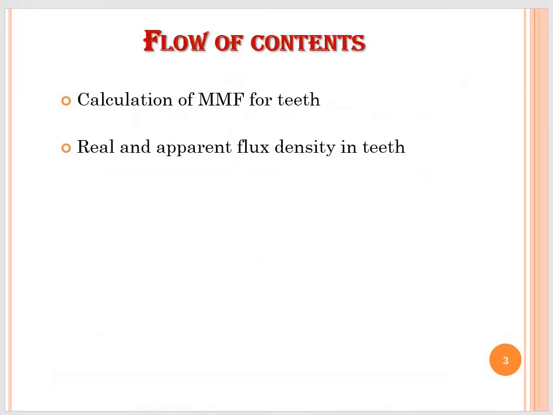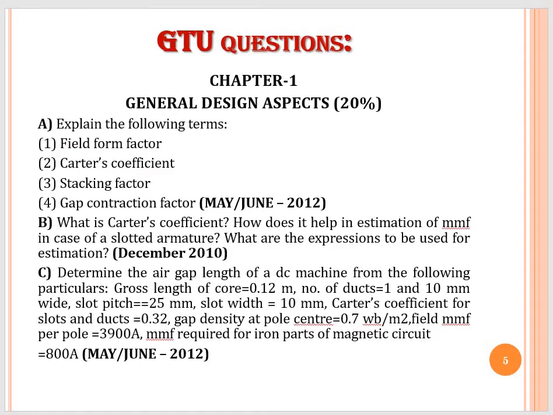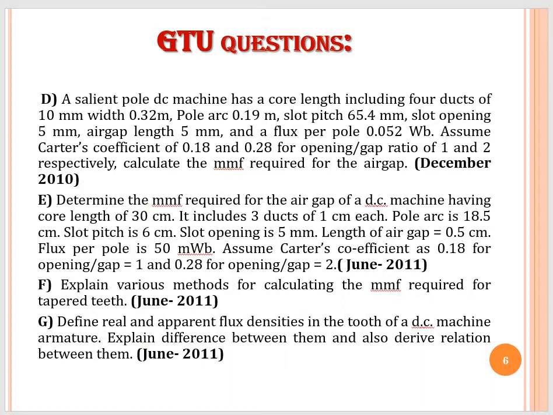Now, today's flow of contents are: first, calculation of MMF required for the tapered teeth; second, real and apparent flux density in the teeth. Today we will cover GTU questions.